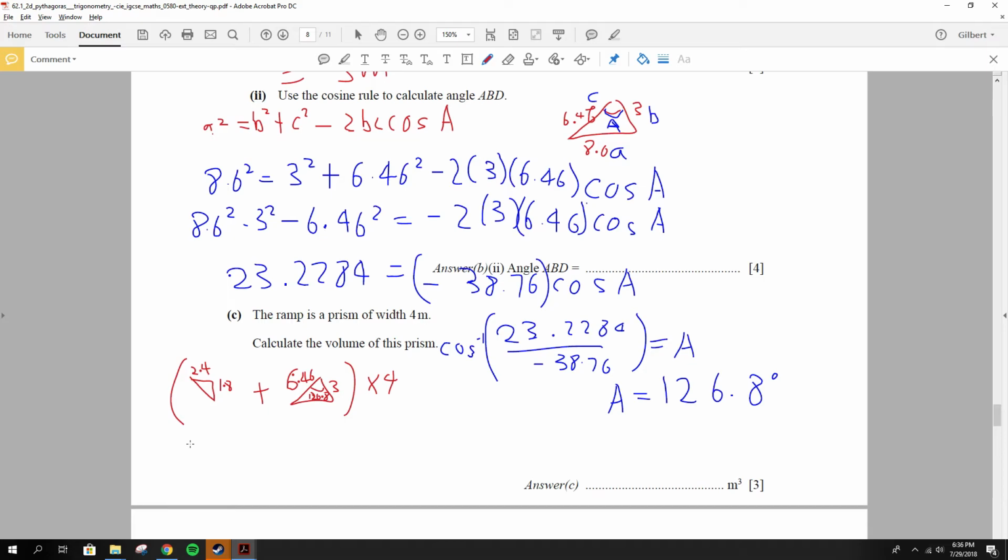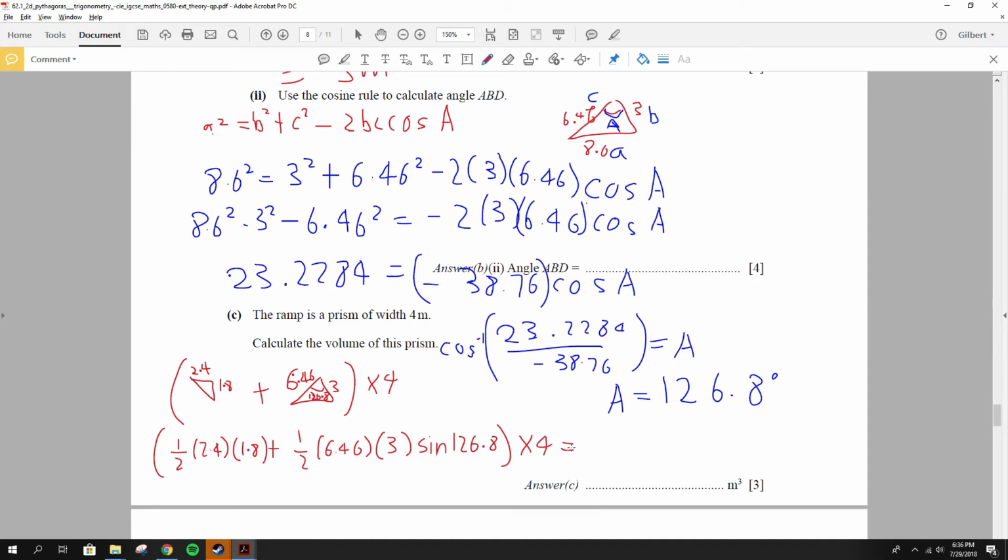The formula will be half times 2.4 times 1.8 plus half ab sin 126.8, multiplied by 4.